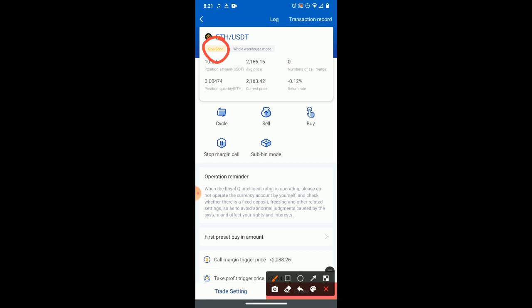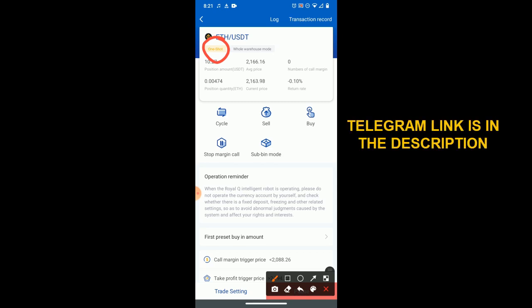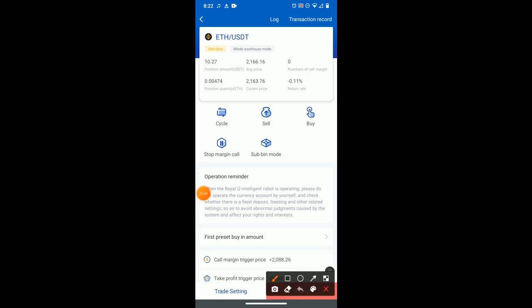The cycle will not continue again, except I place another trade. That is one shot. But if I want it to continue continuously, after I take profit and I want the cycle to continue, I have to click on cycle.